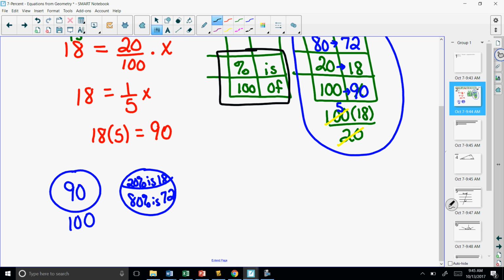Percent over 100 is over of. They're just percent problems. That's probably what I would call them, if you're making a label in your notes.